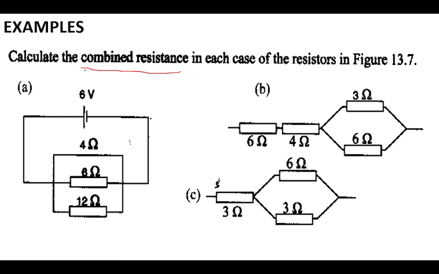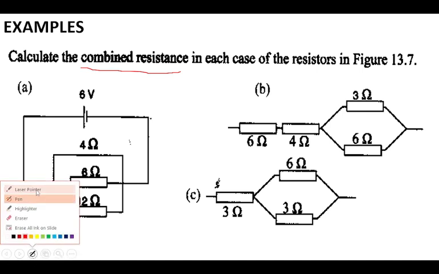Another term is effective resistance, or equivalent resistance. So equivalent, combined, effective, total, all of those refer to the sum of the resistors in a circuit. So do not be surprised when you see any one of those terms being used in a question.